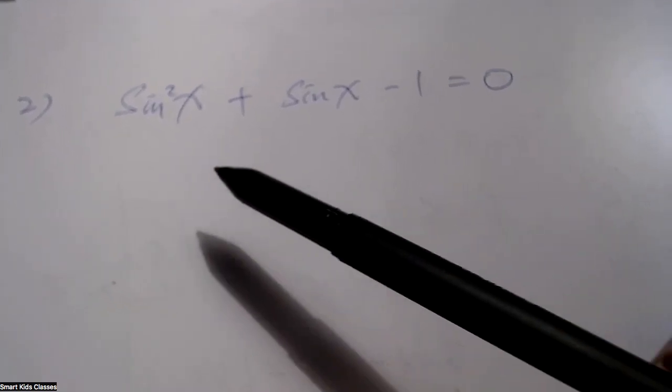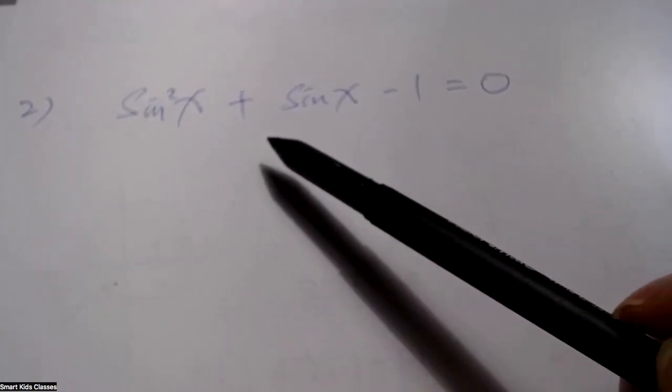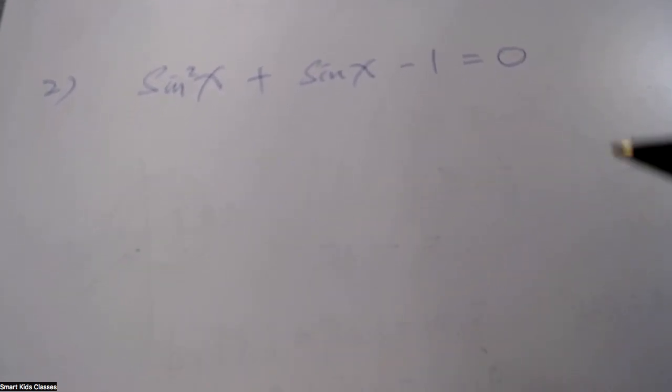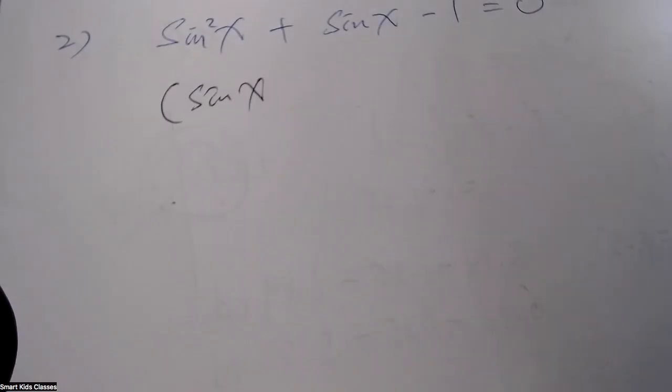The next question is 2 sine square x equals sine x minus 1. So we are going to factor it. Excuse me, that's a 2 in front here.